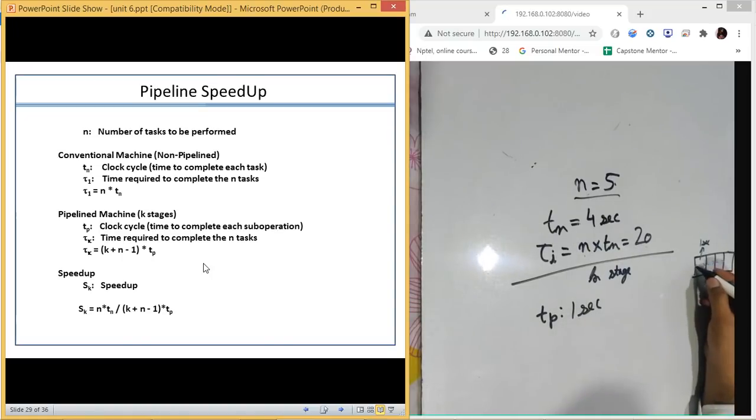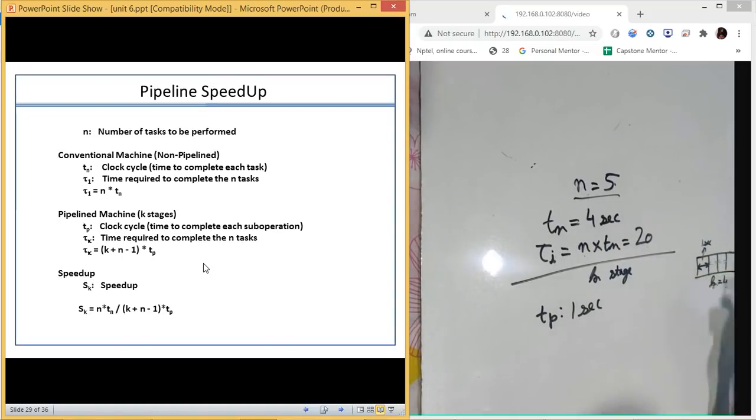How much time does it take to execute a single stage or a single sub operation or a single segment? Okay, time required to complete n tasks. That is what we are going to calculate now. How much time is it going to take to complete n number of tasks? N is the total number of tasks.